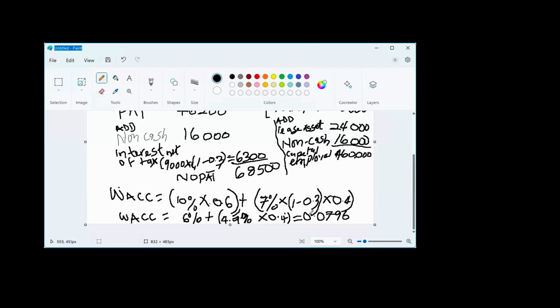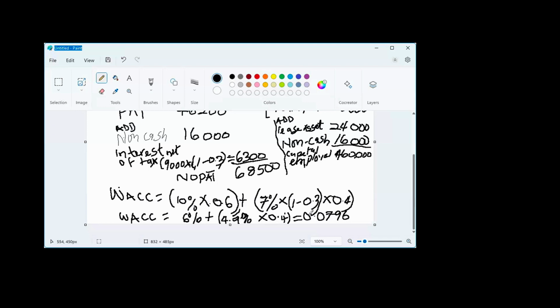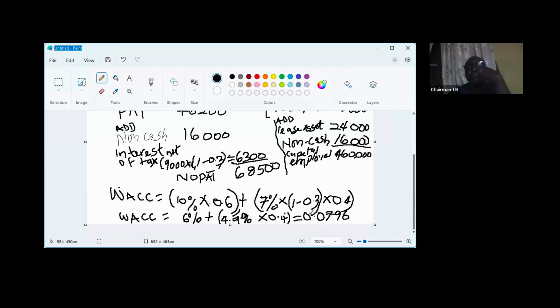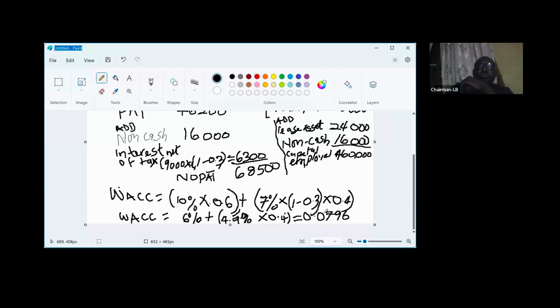That is your weighted average cost of capital. You can compute your EVA now. Please be mindful, we have notepads, capital employed, we have WACC.